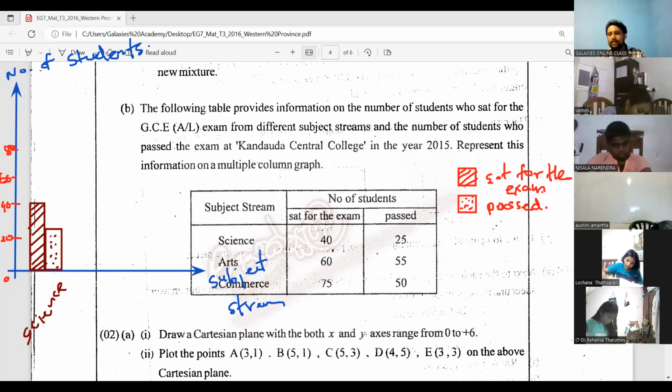ඊළඟ එකට යනකොට arts sat for the exam 60, passed 55.